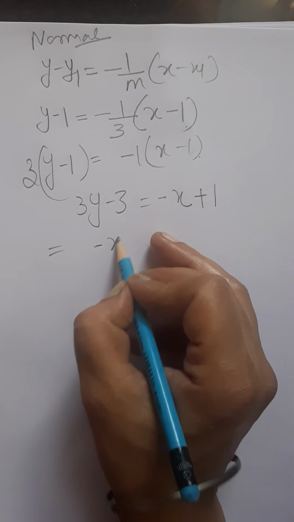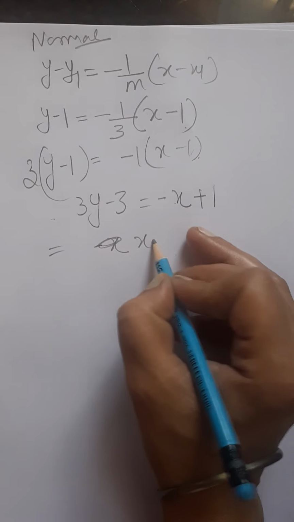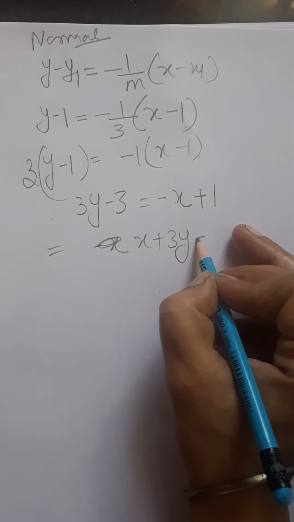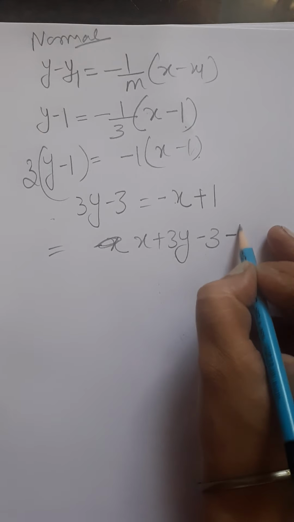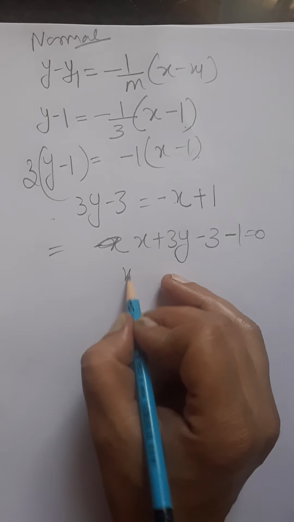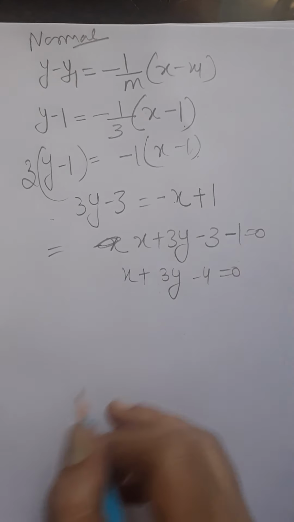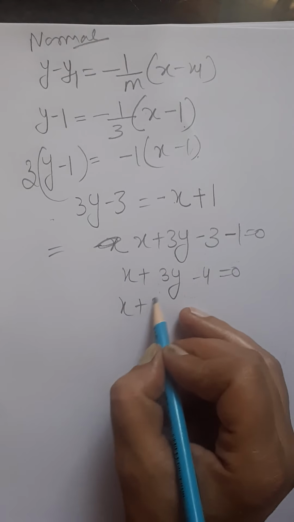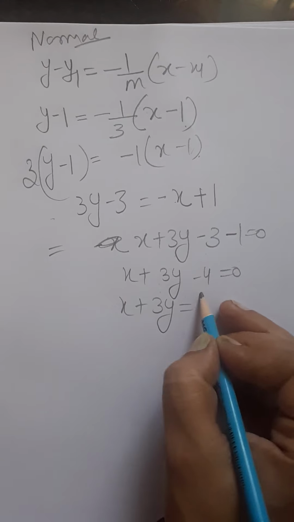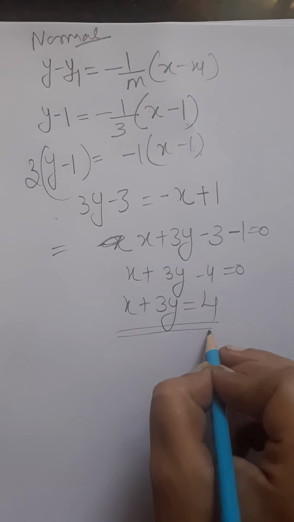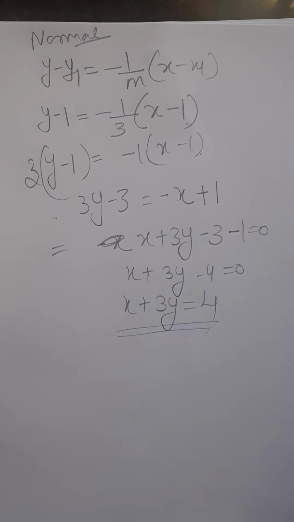We take it to the left hand side: x plus 3y minus 3 minus 1, and we get x plus 3y minus 4 is equal to 0, so x plus 3y is equal to 4. This is the equation of the normal.